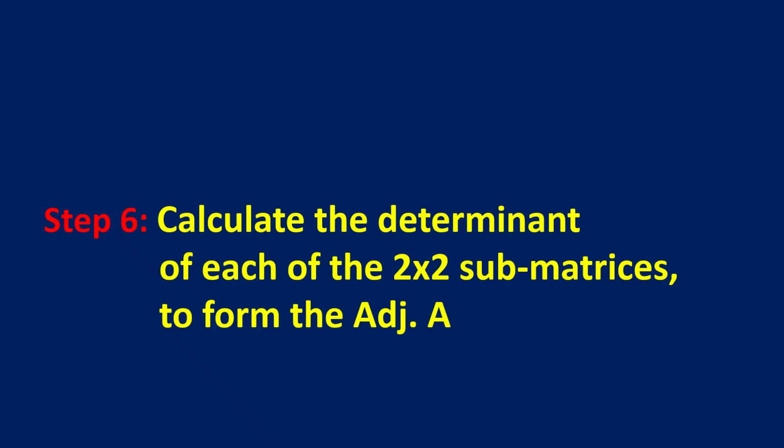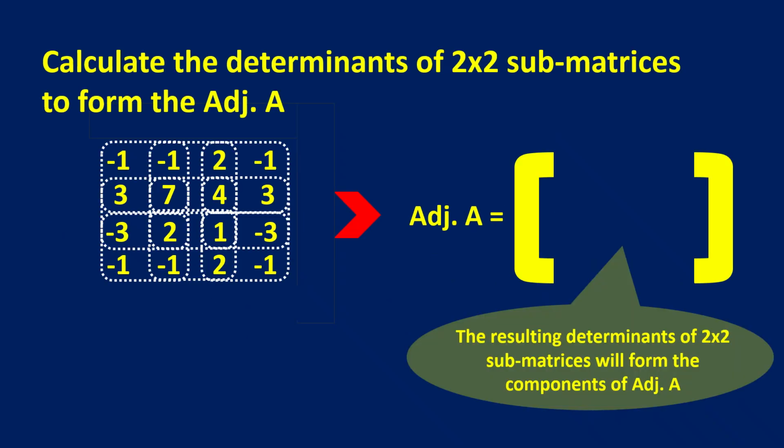We're moving on to the next step, step 6. Calculate the determinant of each of the 2 times 2 submatrices in order to form the so-called adjoint A. As I mentioned before, first we need to calculate the determinant of each of the 2 times 2 submatrices, and then we need to put the resulting determinants as the components of the adjoint A matrix, as you can see here on the right-hand side of the caption.